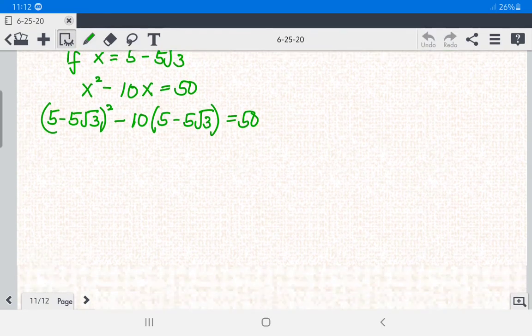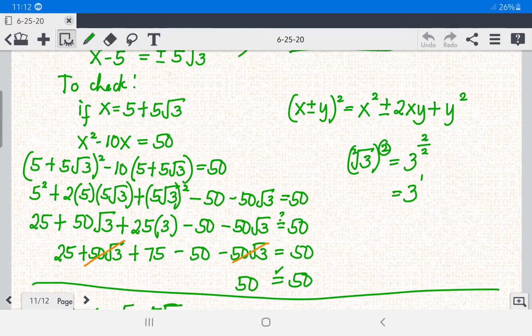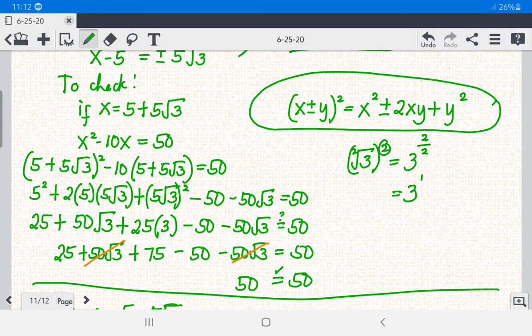The next, again applying the concept of finding the product of the square of a binomial, that if we have x plus or minus y squared, so that is equal to the square of the first term, then twice the product of the first term and the second term, and then plus square of the second term.